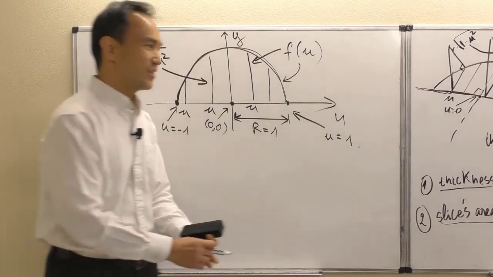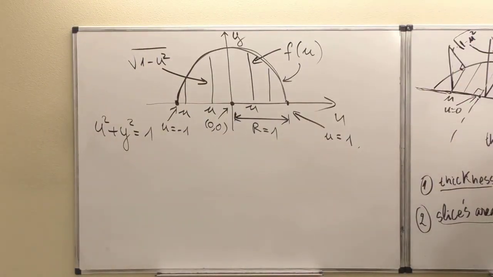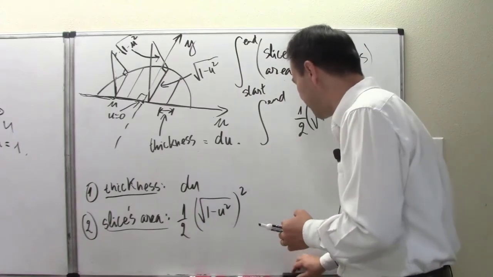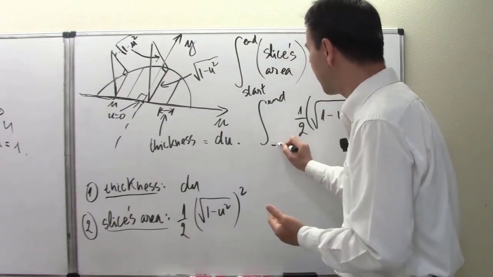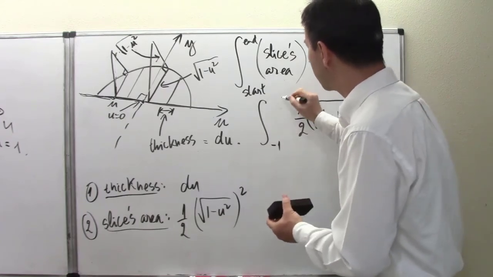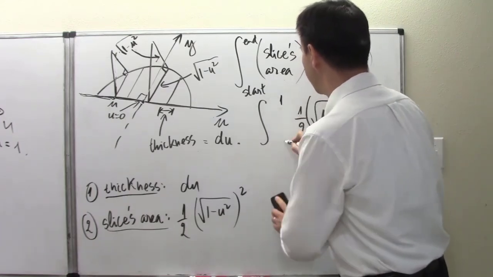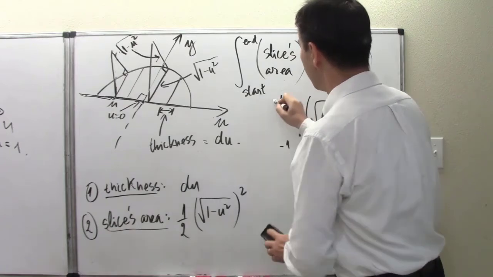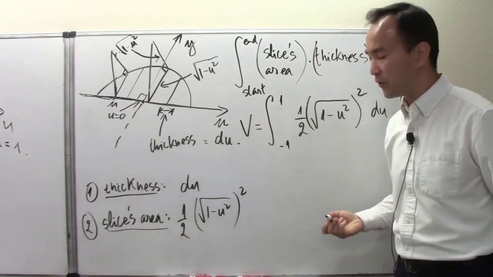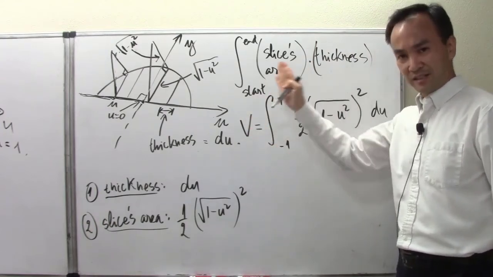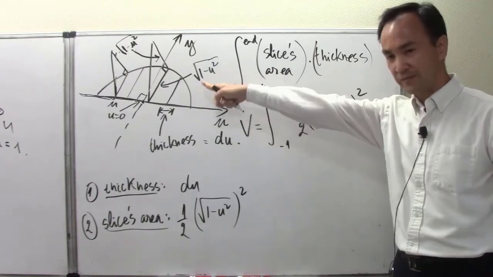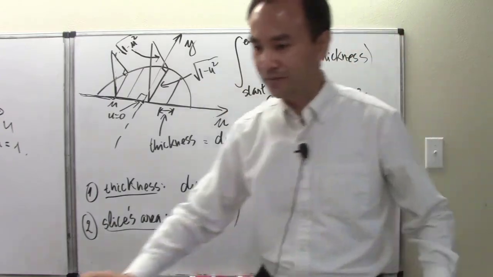Okay, and in that way, we are ready to complete our integral. The start of the accumulation is at -1, and the end of our accumulation is at 1. So now, ladies and gentlemen, we have come to a successful, complete integral setup to calculate the volume of this solid.